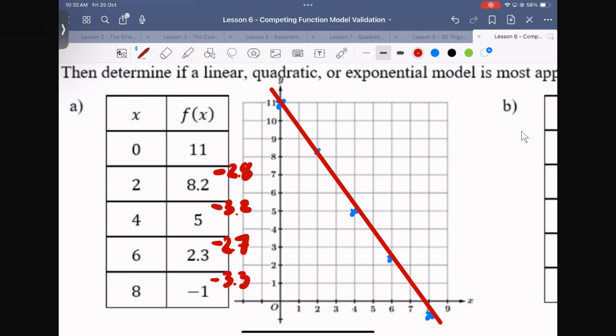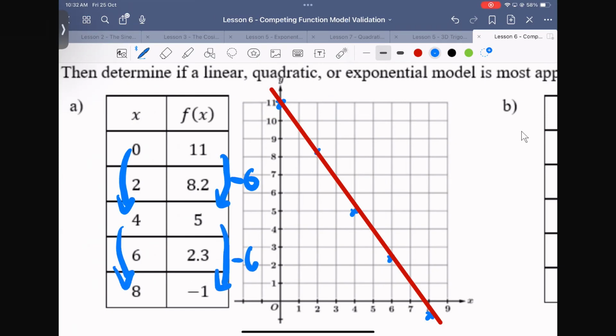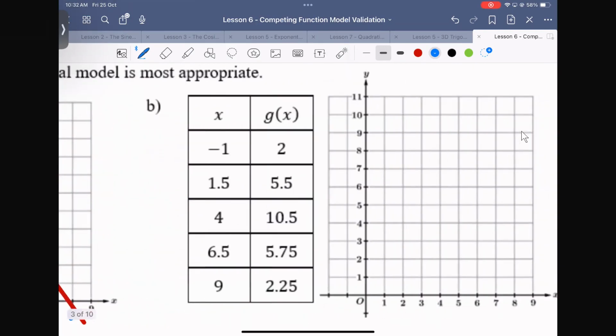So it's roughly constant. If you look between the points, instead of going up by 2 each time, if you go up by 4, you're going down by 6. You can see it there a lot more clearly.